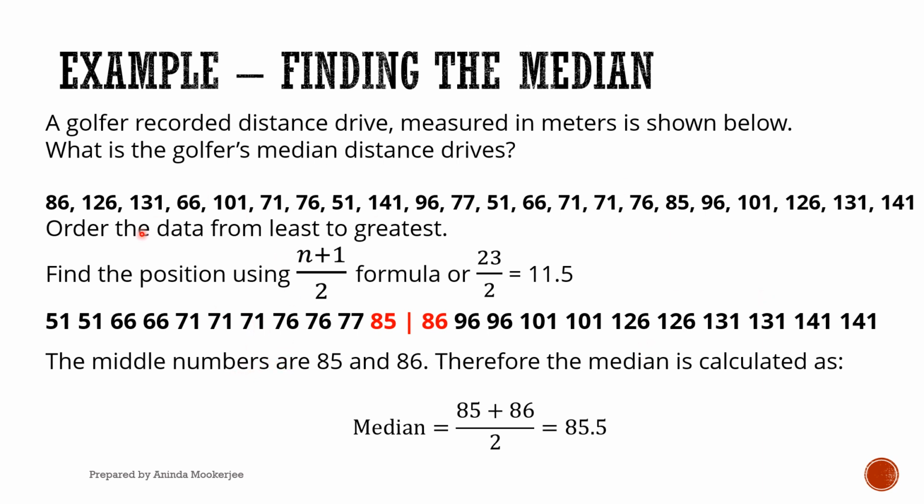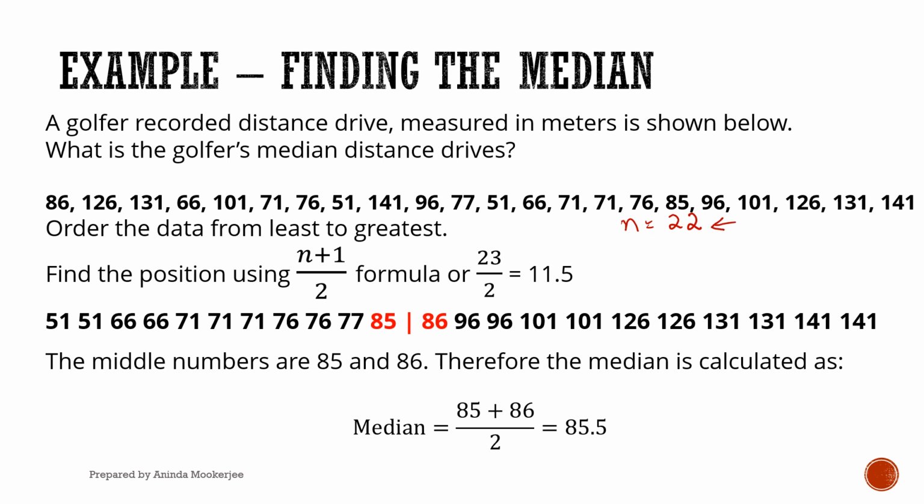Okay, so the next step is to find the position. This is a long list. It's not easy to eyeball the exact center point of this data set. So the best way is to use the formula to find the position. We have a count of 22 data points in this list. So n equals 22, which is even, right?